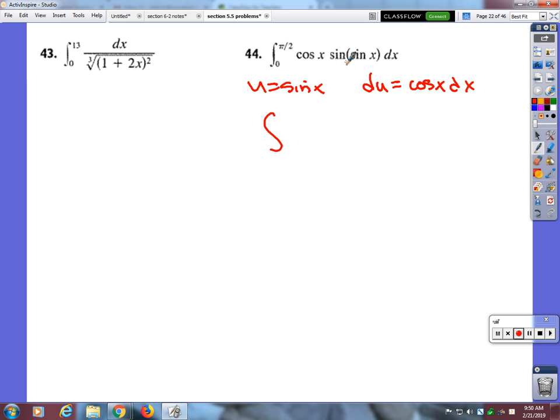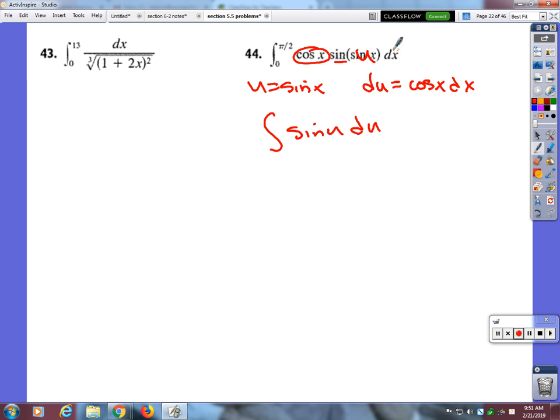Okay, but it's the sine of x. So 0. So this becomes u. So it's sine of u actually just du. Well, the cosine, because you take the derivative of sine of x and you get cosine x dx.